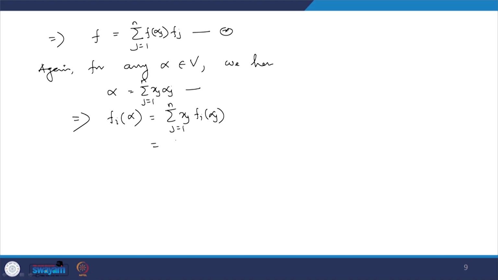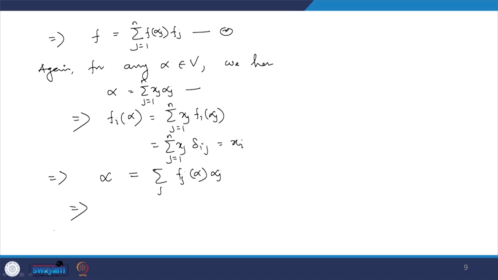So, this is equal to sigma xj delta ij, j equal to 1 to n. So, this is equal to simply xi. So, this implies the vector alpha can be written as sigma fj of alpha into alpha j.